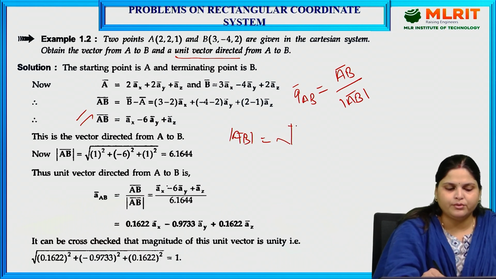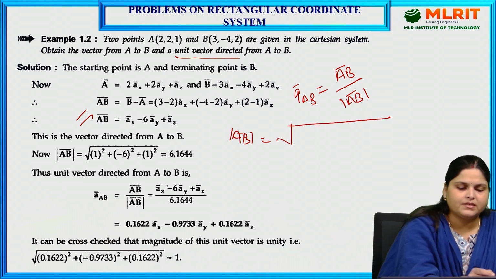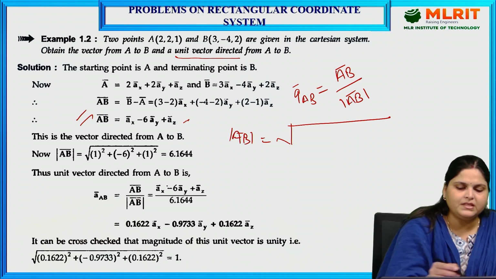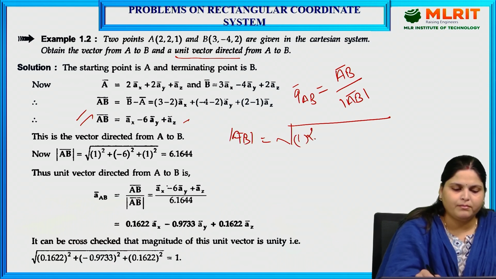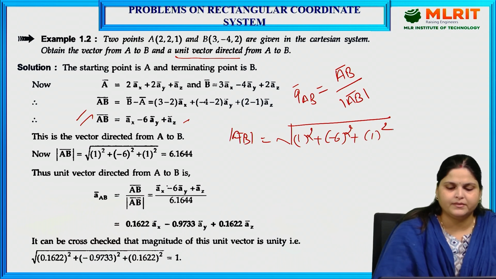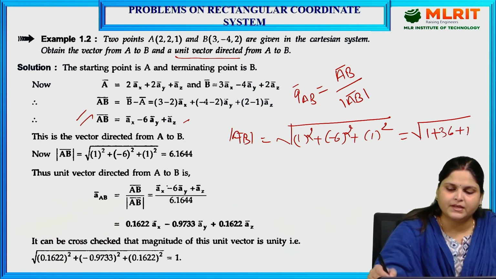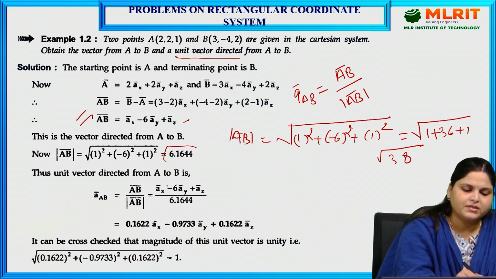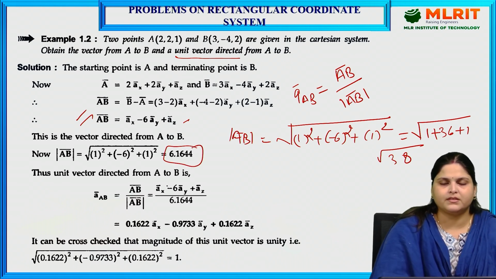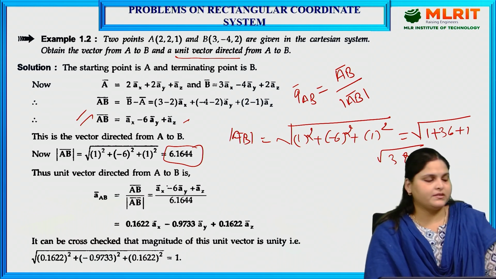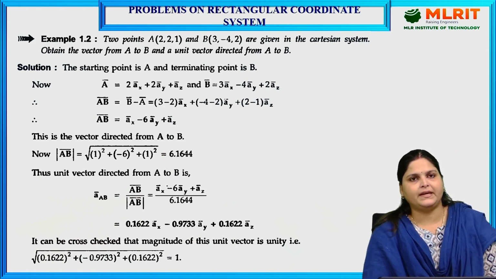It will be the square root of 1 squared plus minus 6 squared plus 1 squared. So we get 1 plus 36 plus 1, which is the square root of 38, whose value is 6.16. Now we have the magnitude of vector AB.